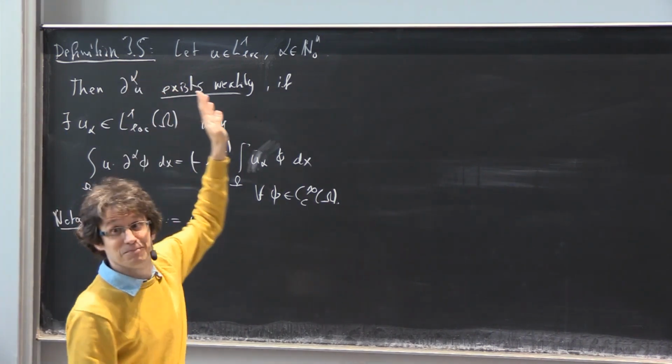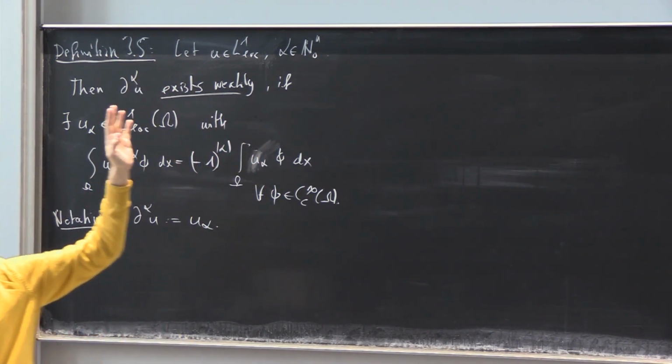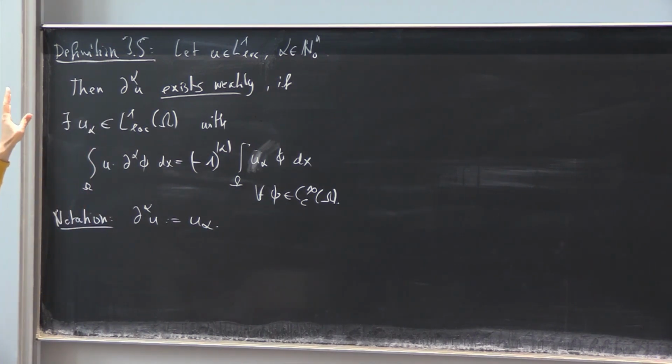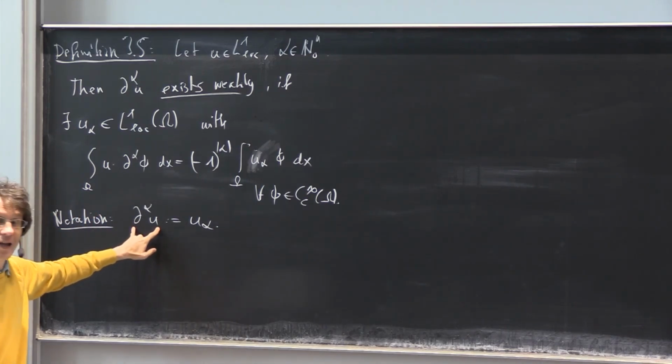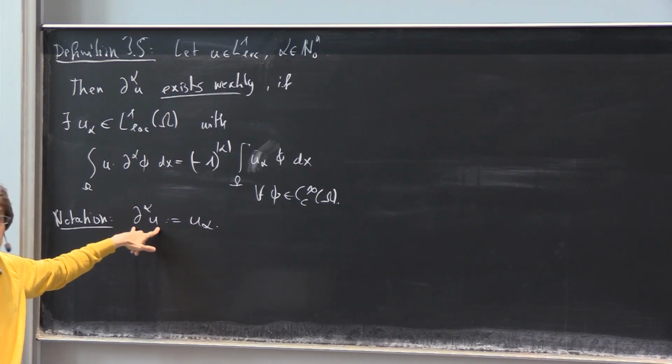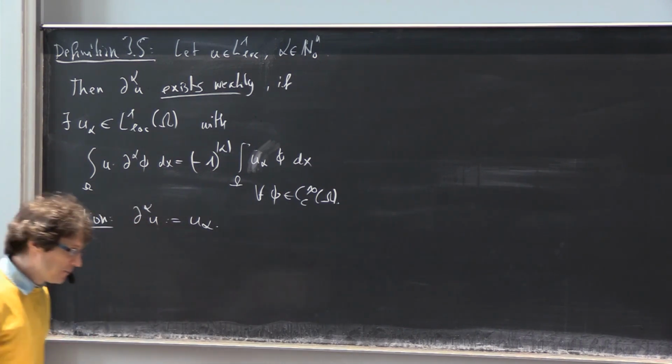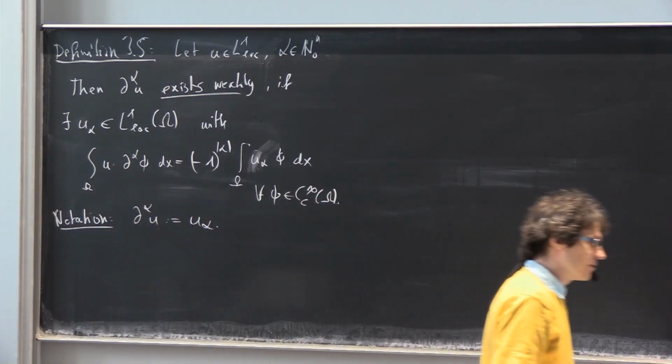It satisfies the formula of partial integration, so it is weakly differentiable, and the weak derivative and the classical derivative are the same. So it's somehow okay to use the same symbol whenever the two notions of differentiability coincide.